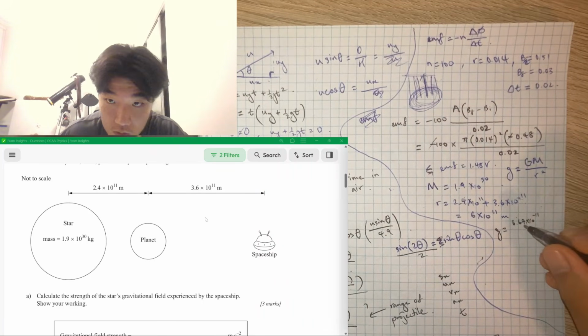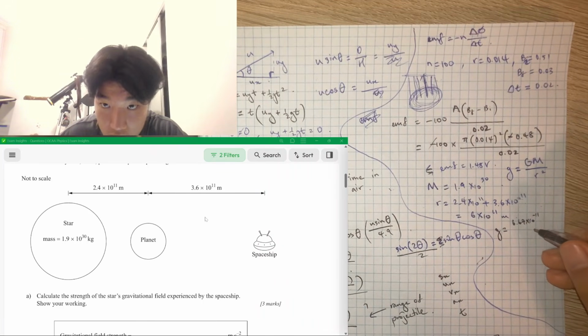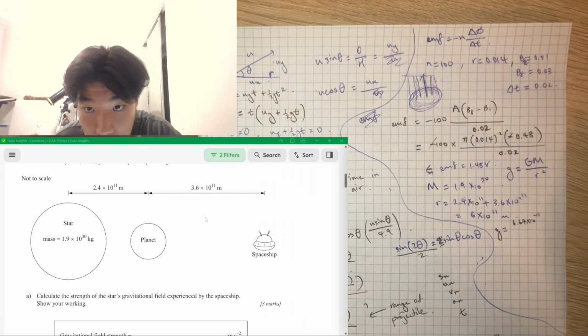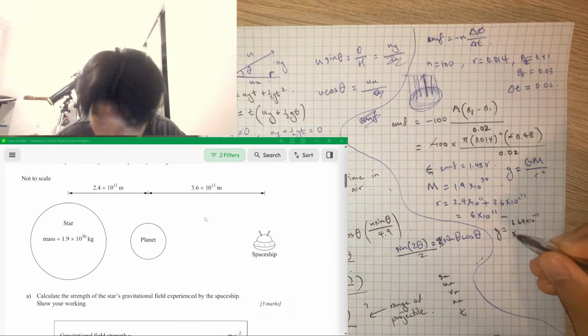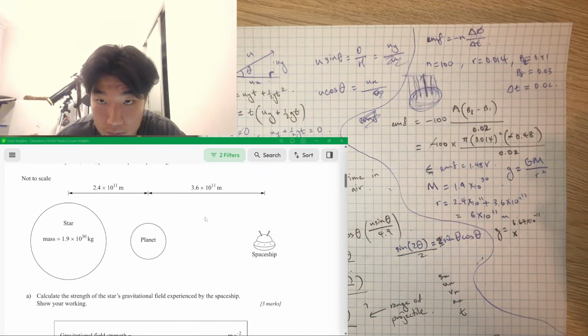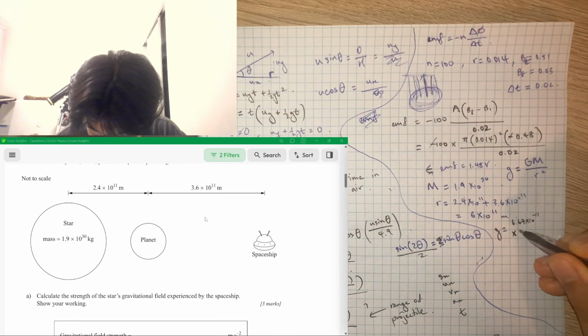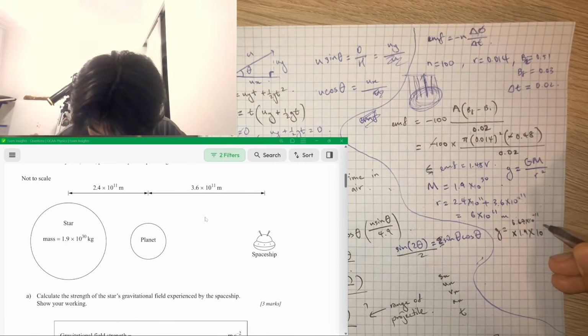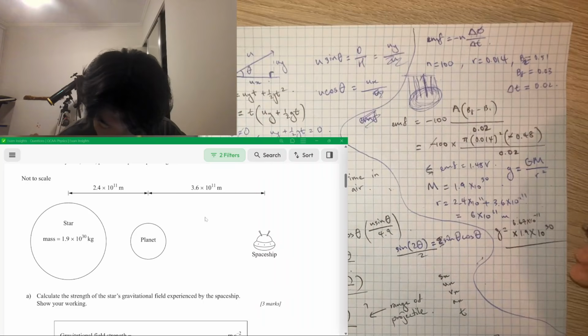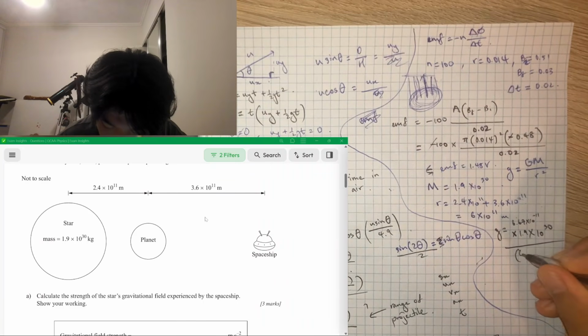So we're multiplying 6.67 times 10 to the negative 11 with 1.9 times 10 to the 30 divided by r squared. So we need to square the entire thing.